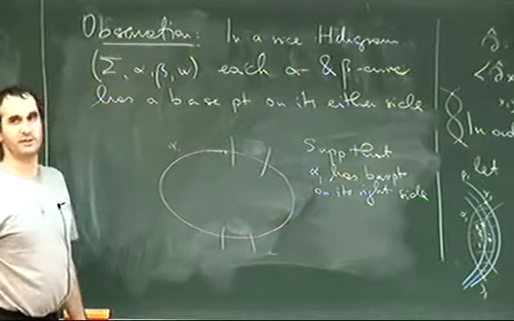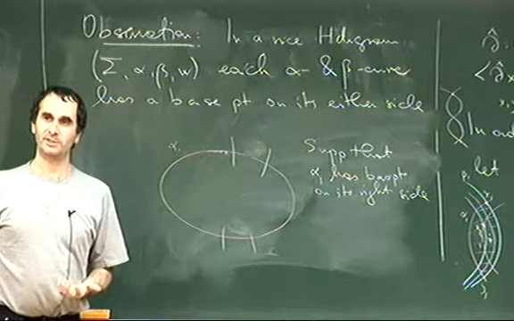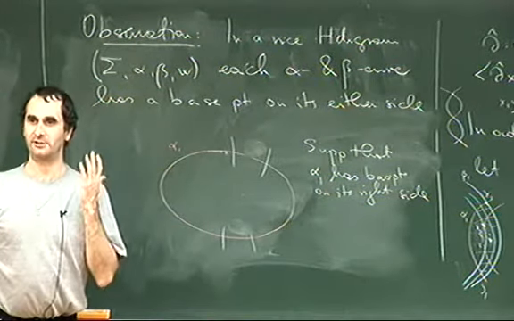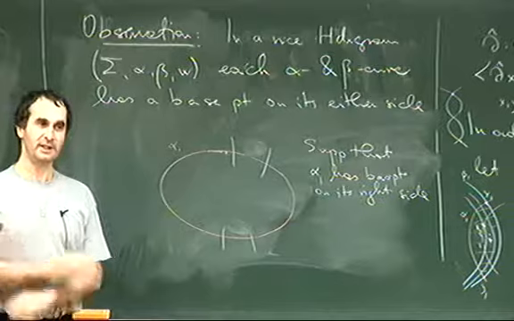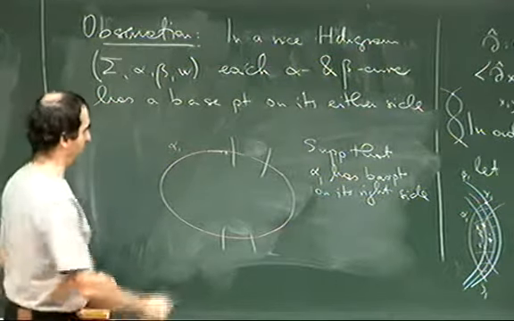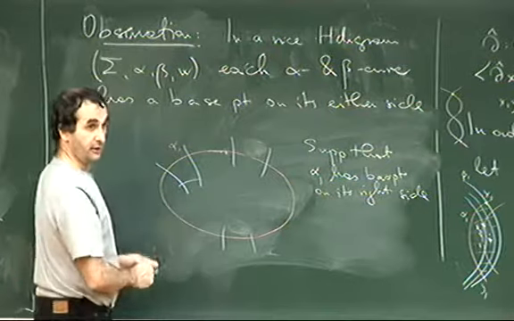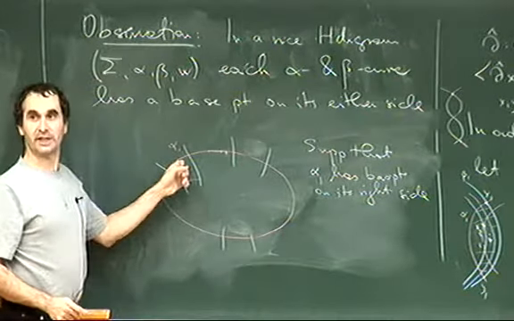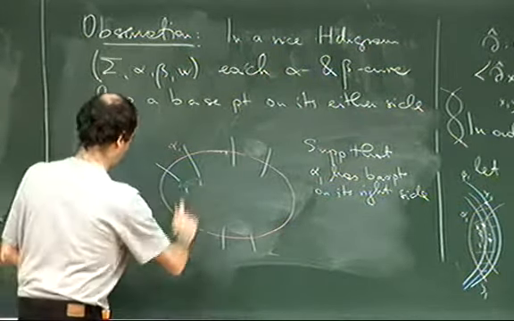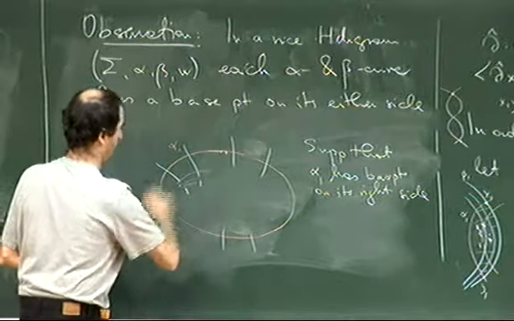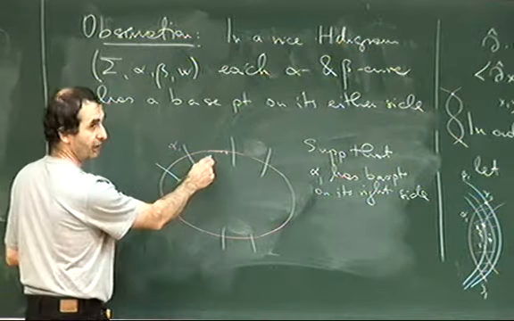But what does it have on its right side? If it doesn't have a base point, it can have only rectangles and bigons. So suppose it has only rectangles. Okay, so there is this first rectangle. This is an elementary rectangle. Nothing goes inside. Then we move to the right.